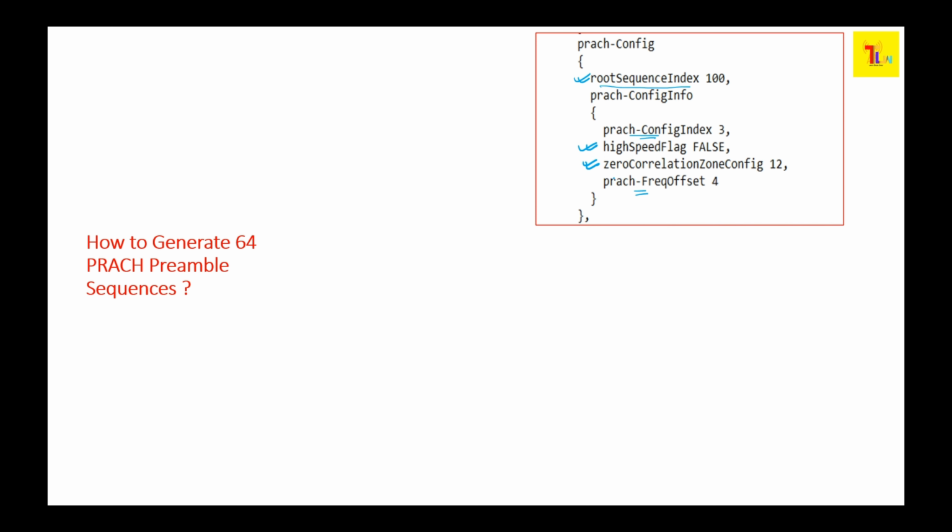If we're talking about the root sequence index, you can see here it is 100. I will take the example and try to explain the significance also, but try to understand what exactly root sequence index is telling us and what the definition is.